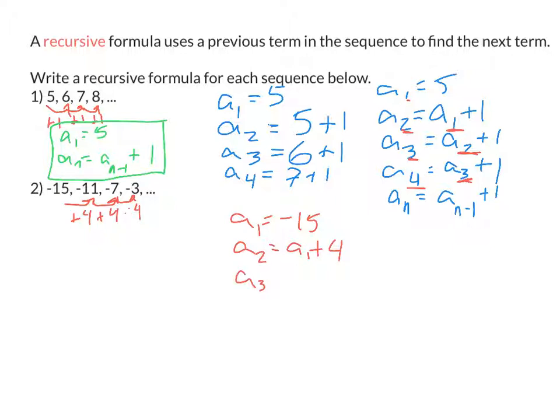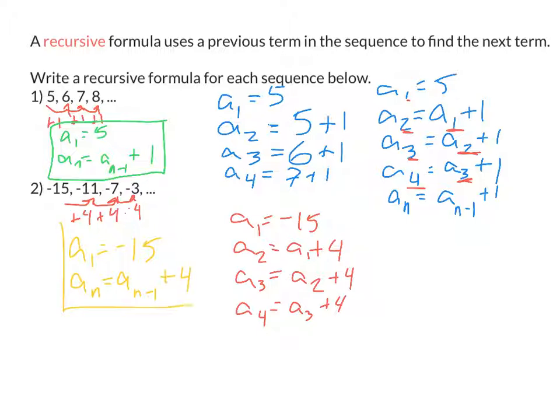For a sub 3, our previous term, we add 4. To write our recursive formula here, we'll say a sub 1 is negative 15. We have to know where we start. And to get our nth term, we take our previous term, a sub n minus 1, and we add 4 to it. And so there is our recursive formula for number 2.